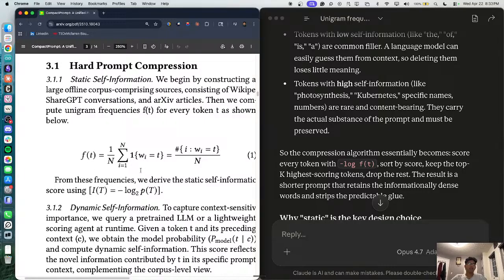For each token, it will loop through the whole corpus body and see if that specific instance of the token is equal to the token that you've inputted. And if it does, then it will increment by one. So that's what this part is telling us.